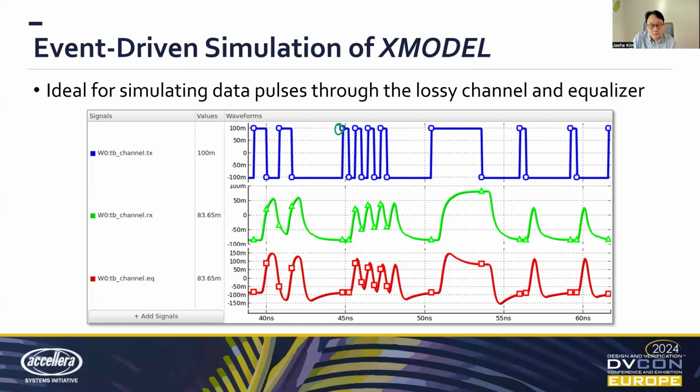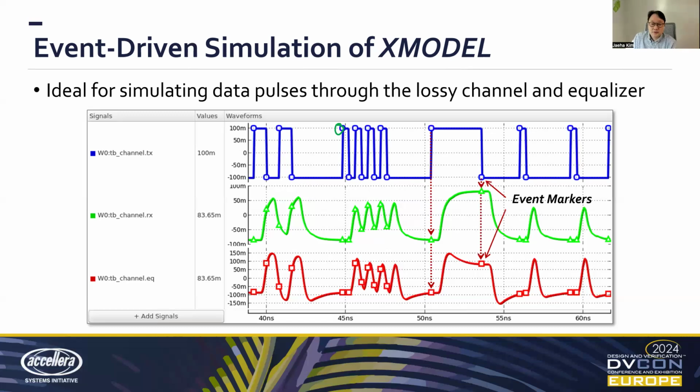Now, when this signal propagates through the lossy channel, we get the second signal, the green line. Due to the frequency dependent loss characteristics in the channel, the signal is now smooth and continuous. Yet the number of events, indicated by these markers, is very, very few. In fact, they're only triggered when there is a corresponding event at the input.